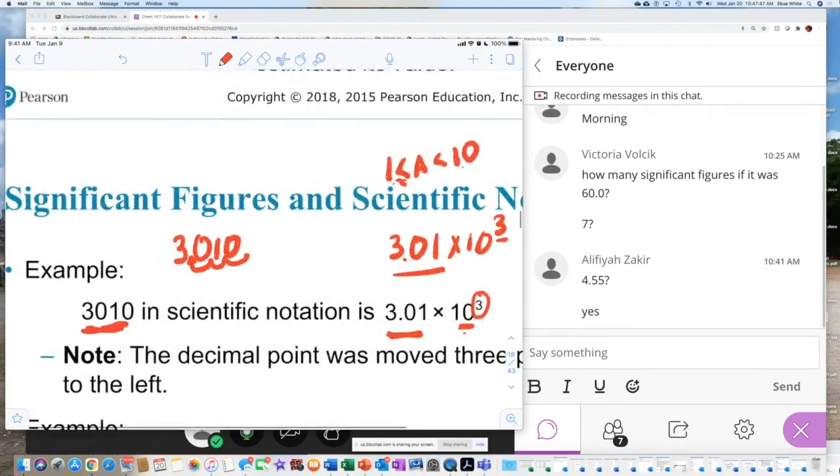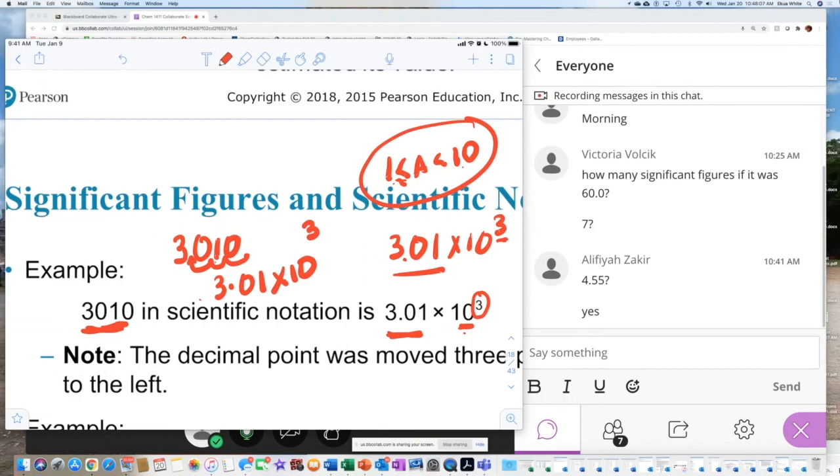So if I move my decimal 3 spots to the left, I end up with 3.01, which fulfills this criteria. It's above 1 but less than 10. And since I moved my decimal 3 spots, I write 3 here.